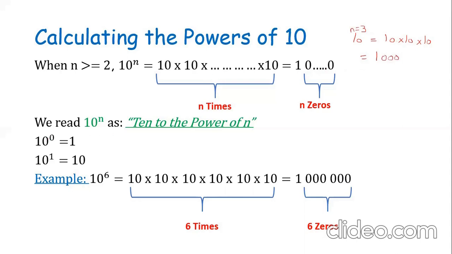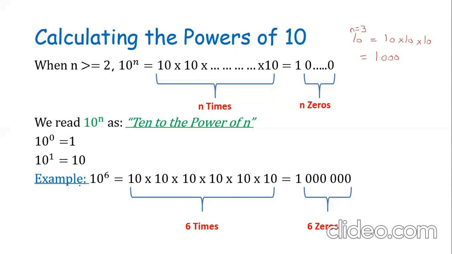Now, in the case of n equal to 0, we have 10 to the power of 0 is equal to 1. And in the case of n equals 1, we have 10 to the power of 1 is equal to 10.